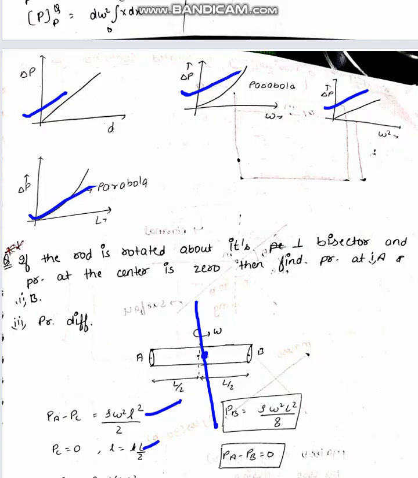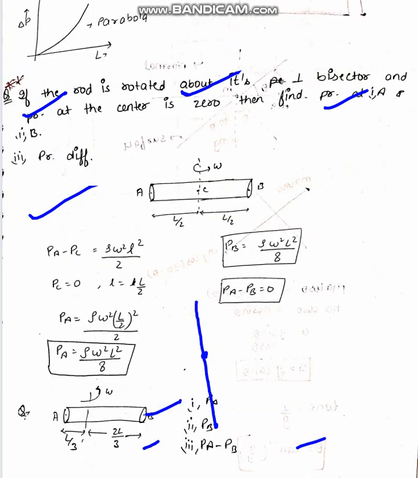So we can find PA and PC, as PC is given to be 0. Using this we can say that PA and PB will be equal. So PA will be this and PB will be this also. So the pressure difference will be 0 between A and B. Similarly, if we check the length as L by 3, we can similarly calculate this question.